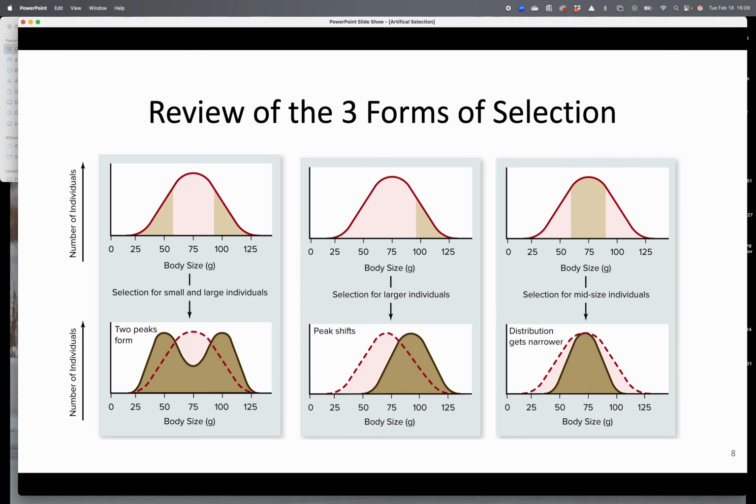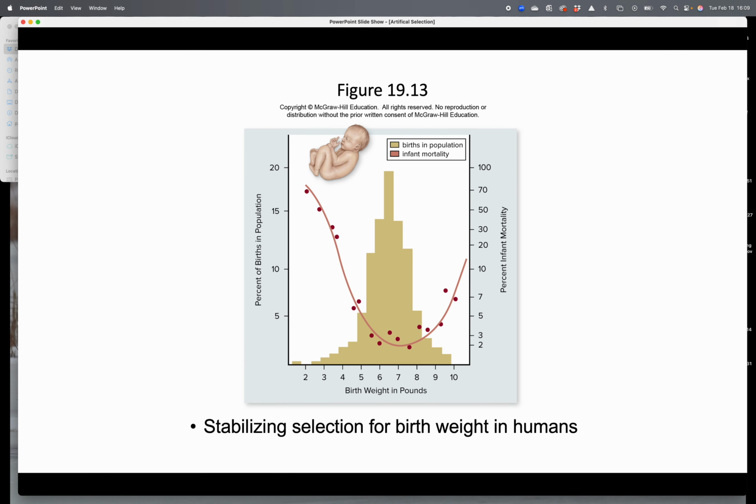And then the last form was, of course, stabilizing selection. A good example of this is birth weight in humans. And so we have the red line here represents infant mortality. This is some data from these two authors, Karn and Penrose. It was published in 1951. It's a pretty famous data set. It's called the Karn and Penrose data. The premature babies in 1951 don't survive very well, and babies that are too big in 1951 don't survive very well.